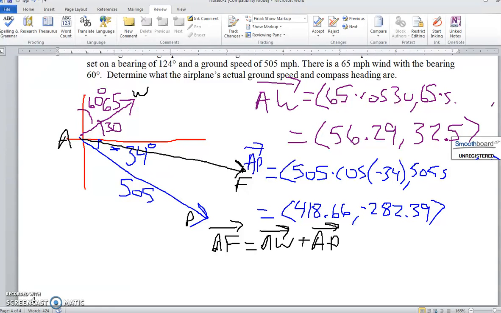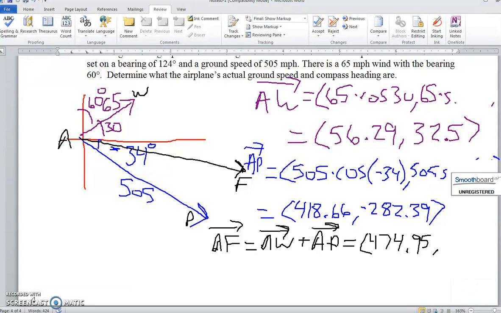If I add those together on my calculator, for the X, I get 56.29 plus 418.66, which is 474.95. And then for the Y value, I do 32.5 plus negative 282.39, and that gets me negative 249.89.